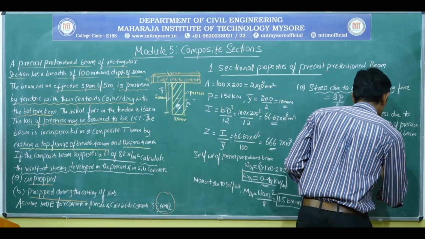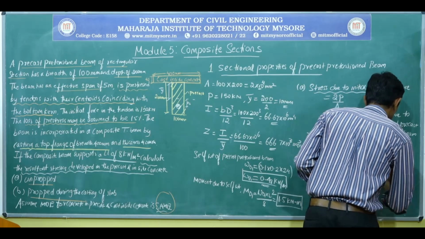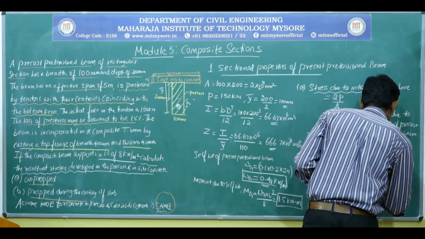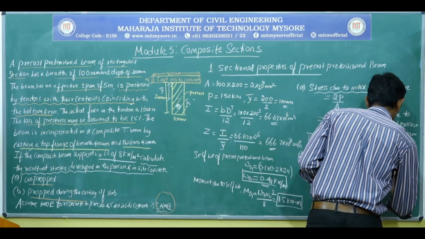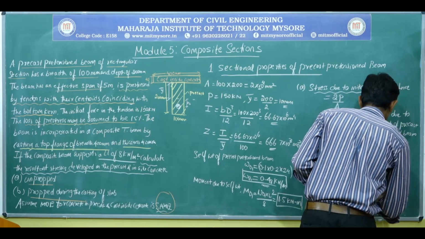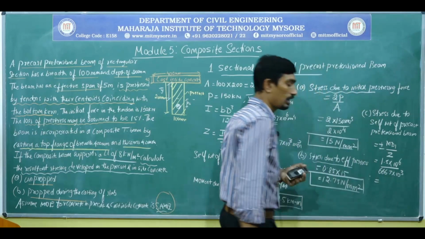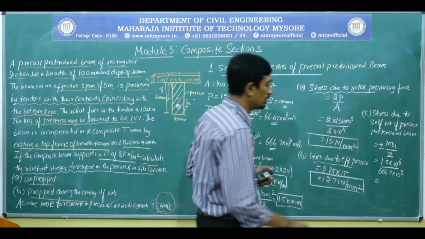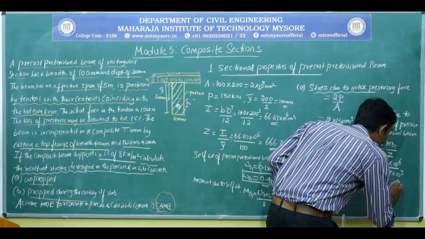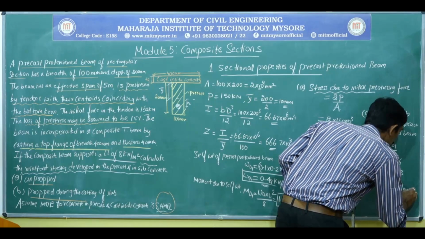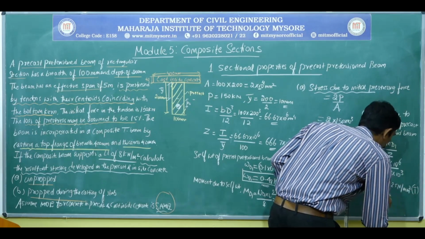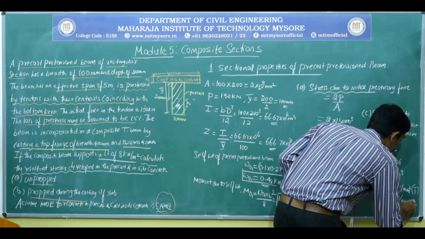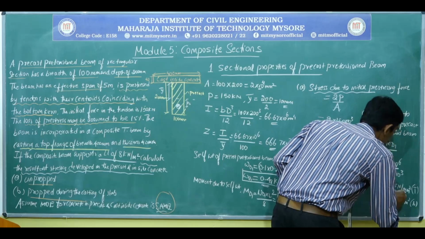So 1.5 into 10 to the power of 6 divided by Z, 666.7 into 10 to the power of 3, which is equal to plus 2.25 Newton per millimeter square at the top, minus 2.25 Newton per millimeter square at the bottom.